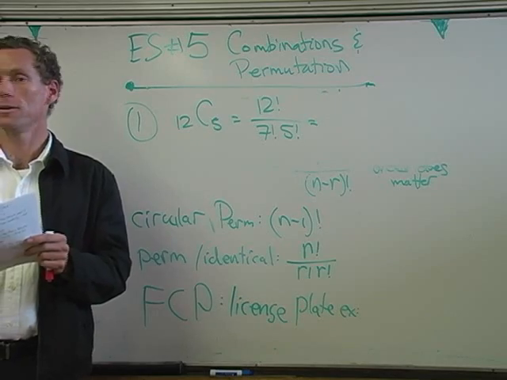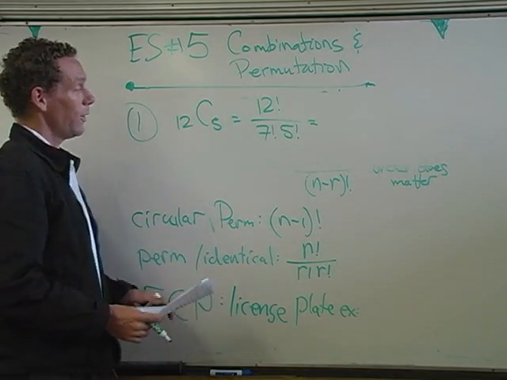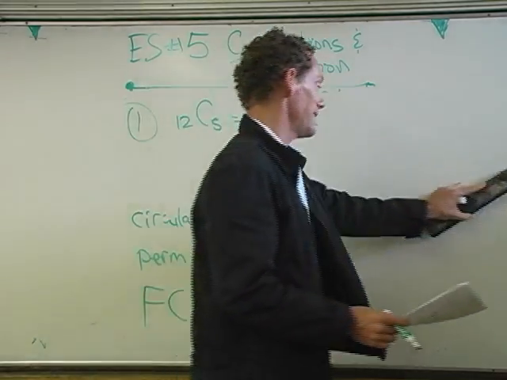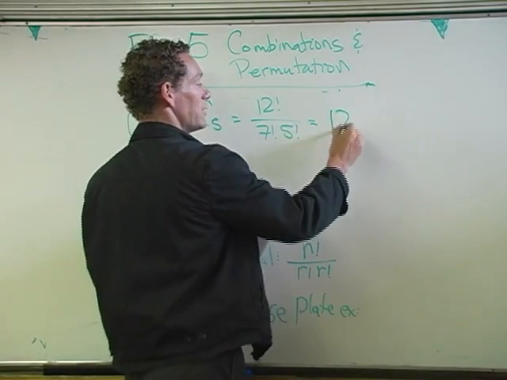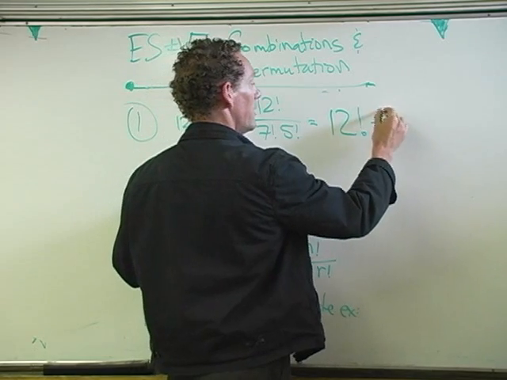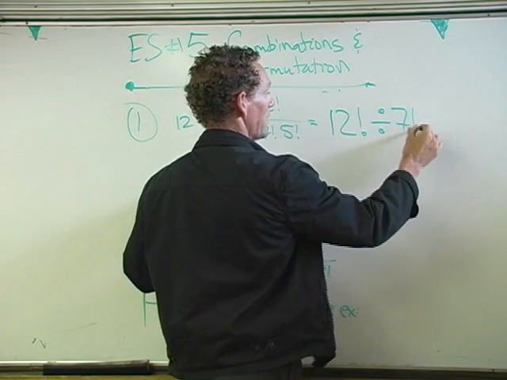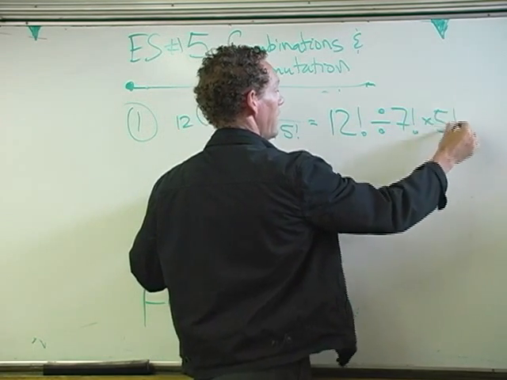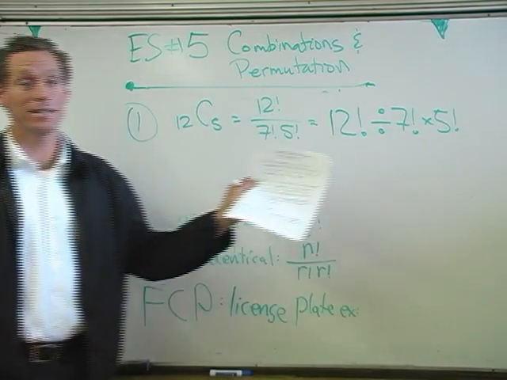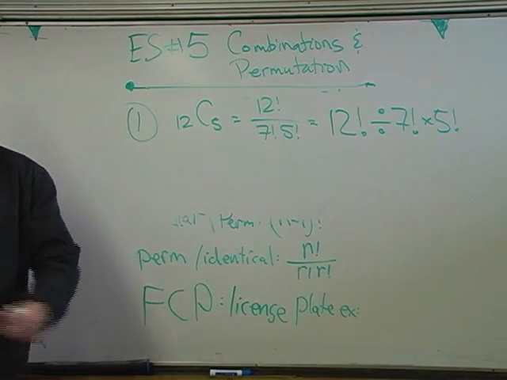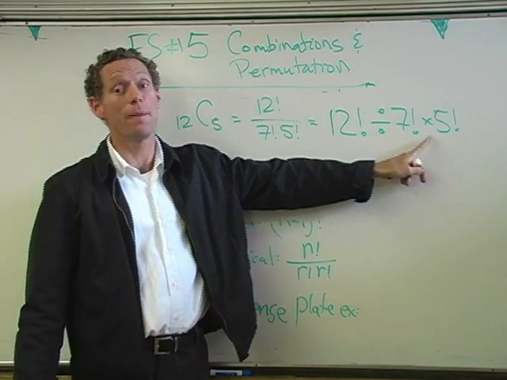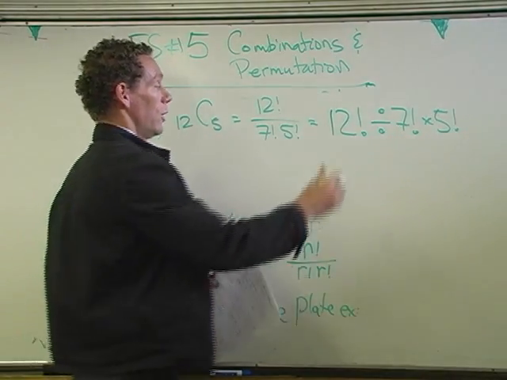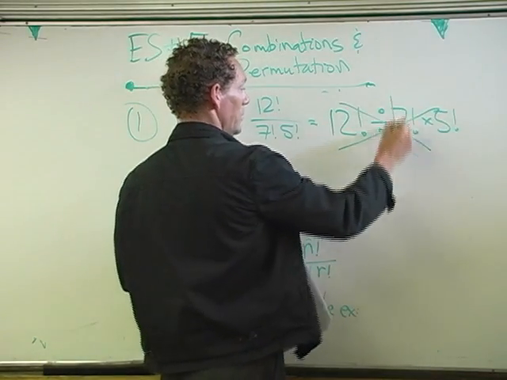The common mistake that students make is they type in 12 factorial divided by 7 factorial times 5 factorial, and what the calculator tells them is wrong, because your calculator divides and then multiplies by the 5 factorial.